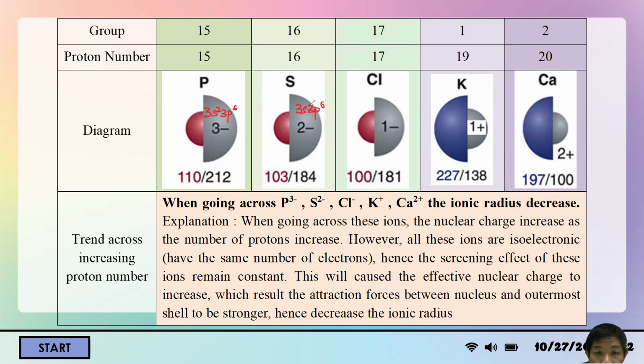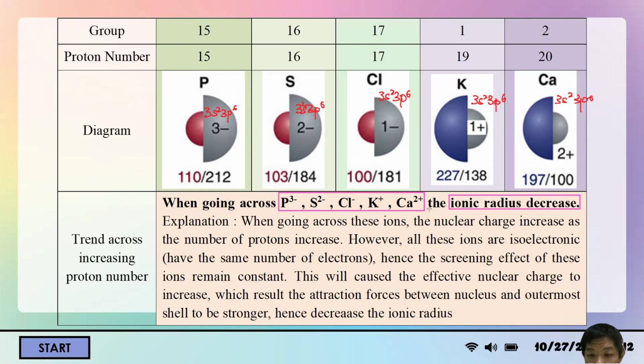So all of these have the same number of electrons. Therefore, we call them isoelectronic. Going across from phosphide ion to sulfide ion to chloride ion to potassium to calcium ion, the ionic radius decreases.